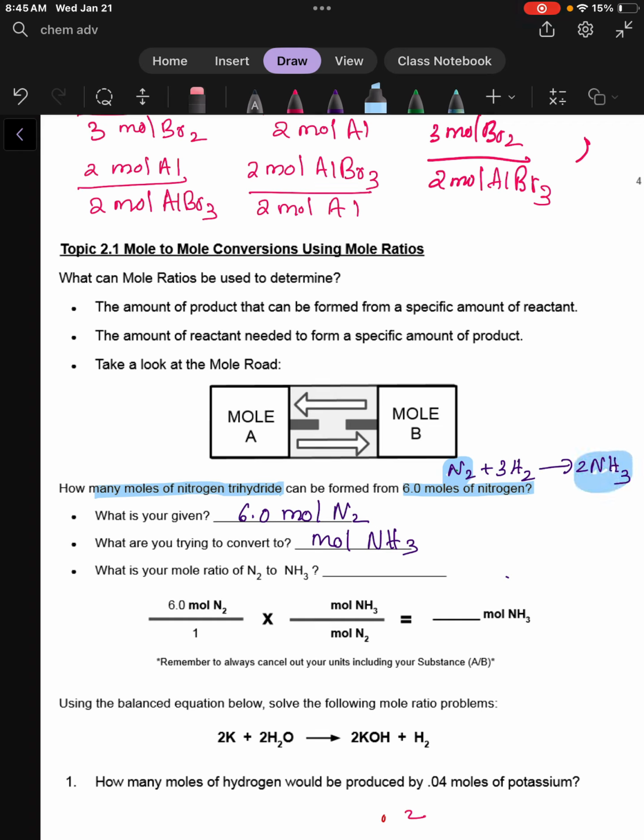Write the ratio between these two, and remember, whenever you write the ratio, the given mole must be on the bottom like this. So the given is nitrogen, so I will write 1 mole of nitrogen and it will produce how many moles of ammonia? 2 moles of ammonia. That is the ratio you are going to use.